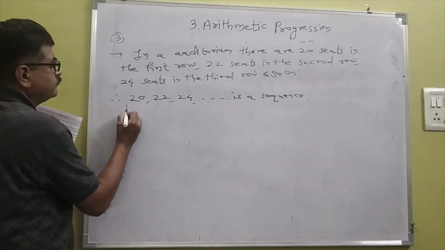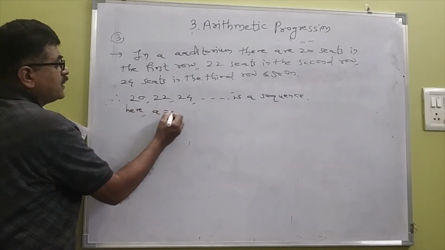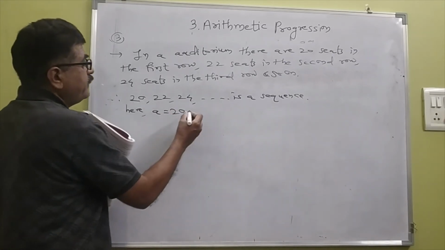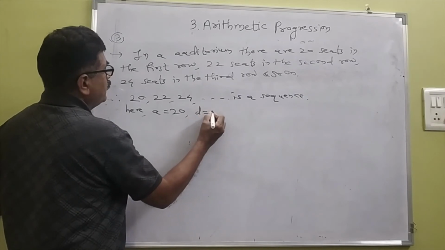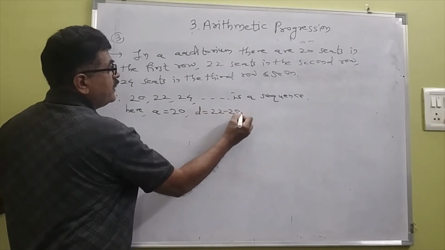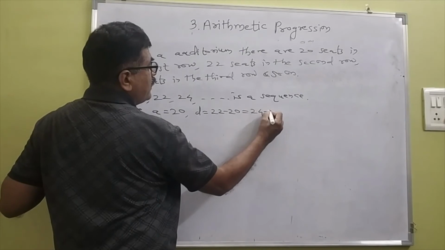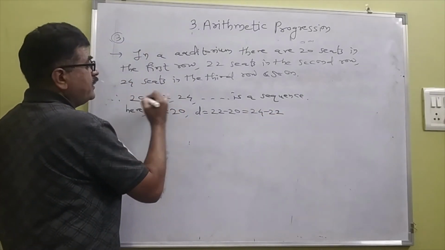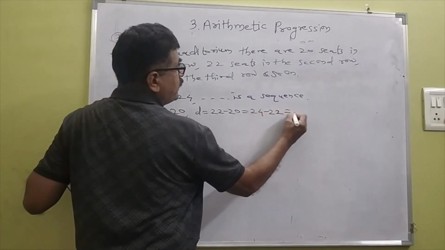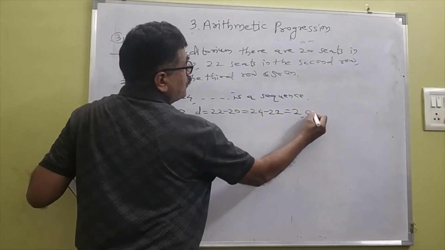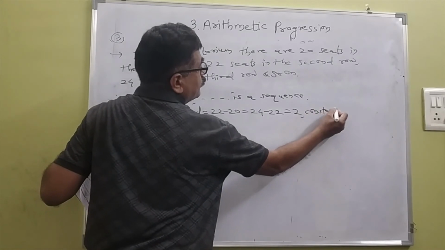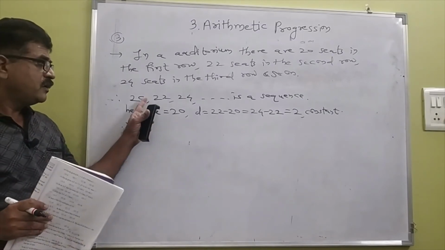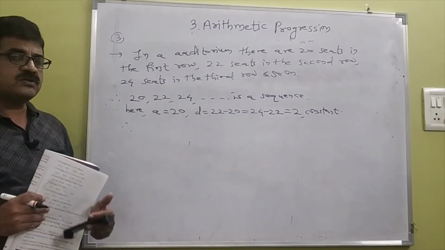Here the first term a is equal to 20, and d is 22 minus 20, which is equal to 24 minus 22, which is equal to 2, a constant. The common difference is constant.